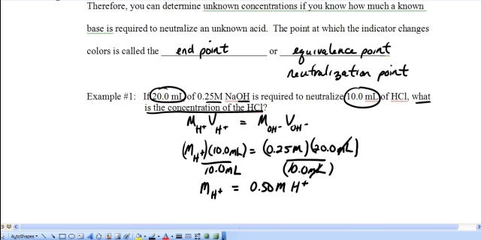Now, we are almost done. You have to change hydrogen into our HCl. Well, there's 1 mole of HCl for every 1 mole of hydrogen. And if you remember, this is simply moles over liters, so we can divide out the moles of hydrogen, top and bottom, and we're left with moles of HCl over liters, which is concentration still.